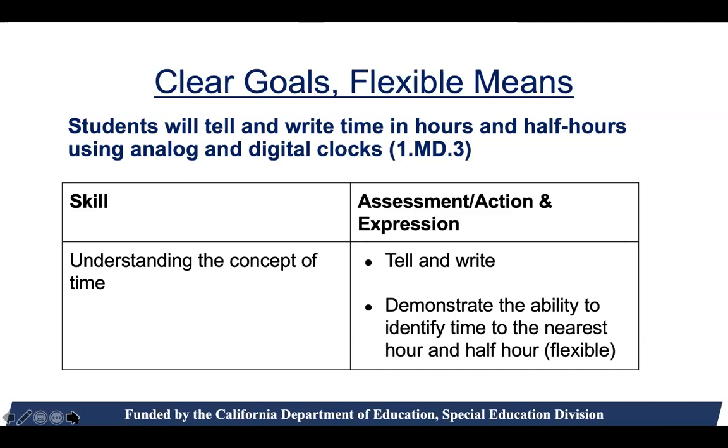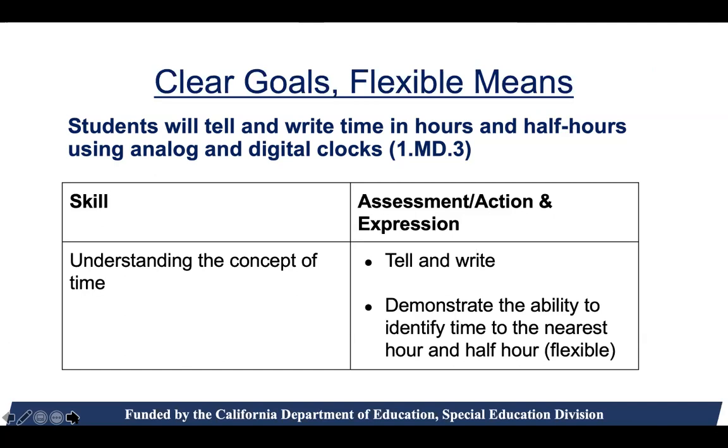The skill is understanding the concept of time. When we look at whether the verbs are in sequence with the skill that we're trying to teach, we may find there is a disconnect, or that the assessment, which we'll get to in the next section, is not construct relevant to the skill.